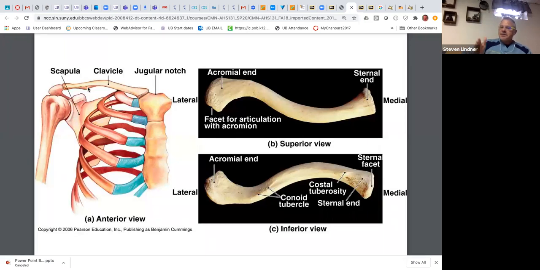So if someone slips and falls with an outstretched hand, all of that force moves up through the hand. You'll probably break a carpal bone, most commonly the scaphoid, which is where the anatomical snuff box is, right here. If you lift up your thumb, there's always a little bit of a depression right there that's called the anatomical snuff box.